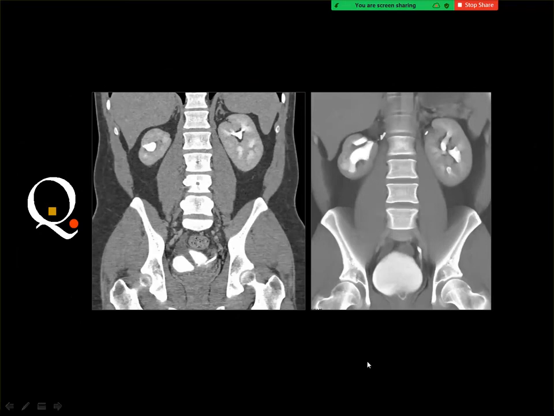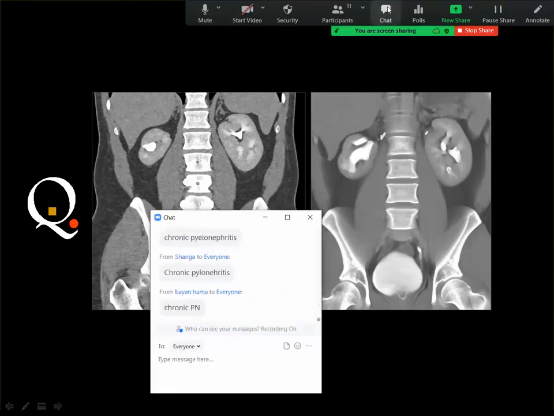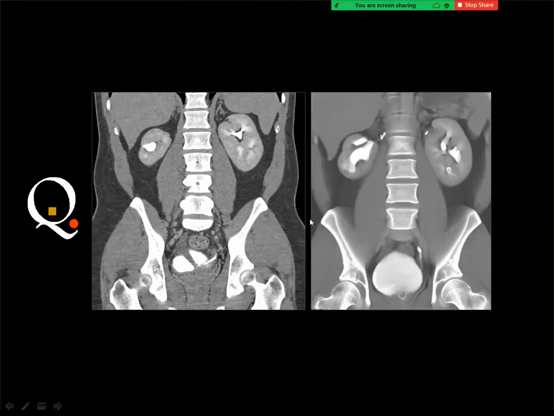These are two coronal images. Let us say nephrographic phase and excretory phase for both kidneys. Yes, the answer is right.